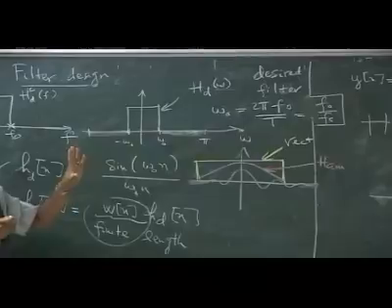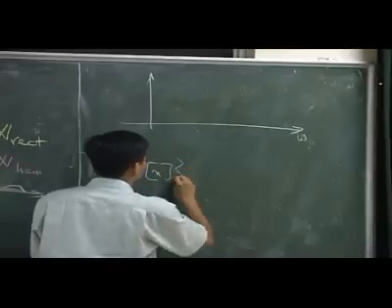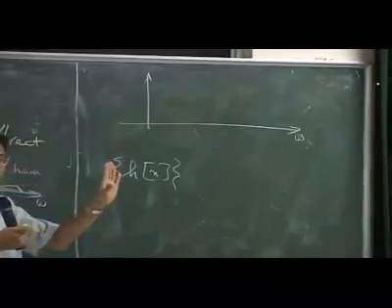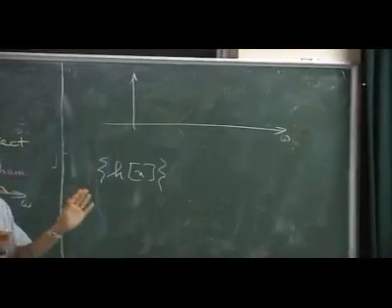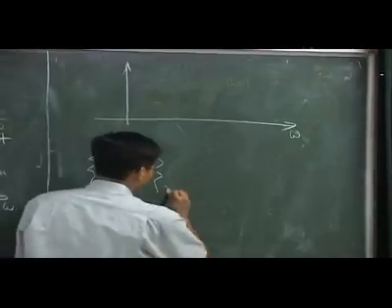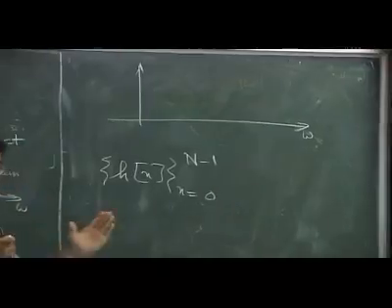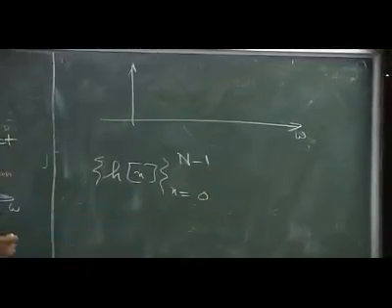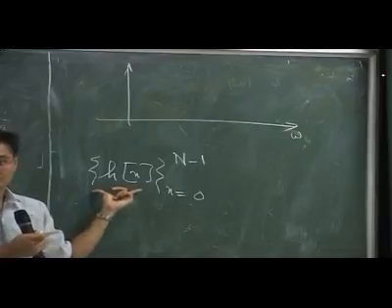Is that clear? Yes. And now assuming that I'm going to design a length N filter and it is a causal filter. So it is a causal filter, that means n would go from 0 to N minus 1, right? The filter has samples going in the positive direction. So the question is, I really have to find out this number.